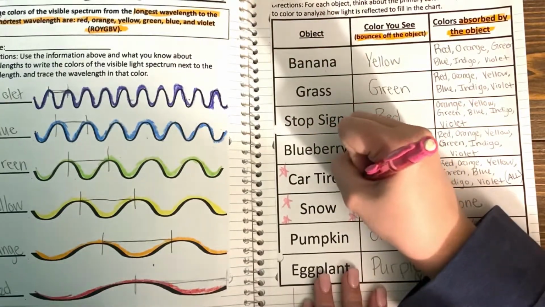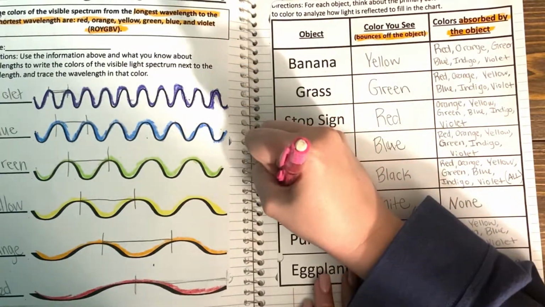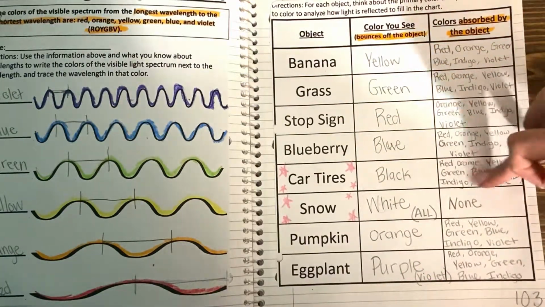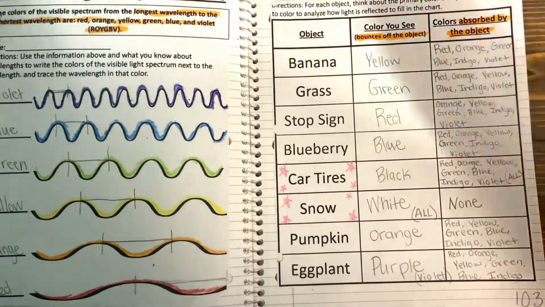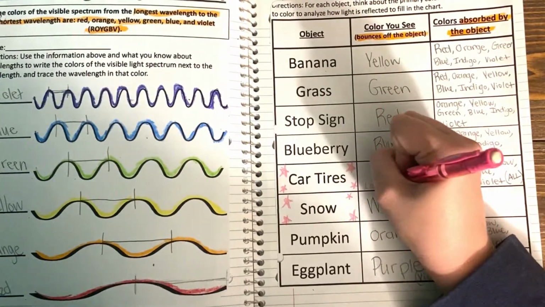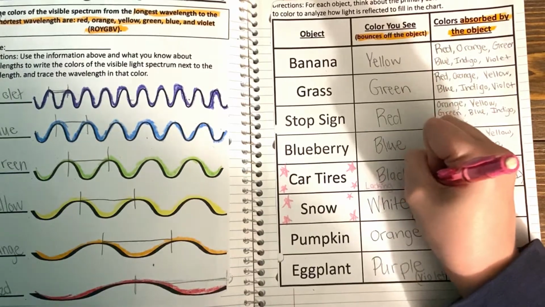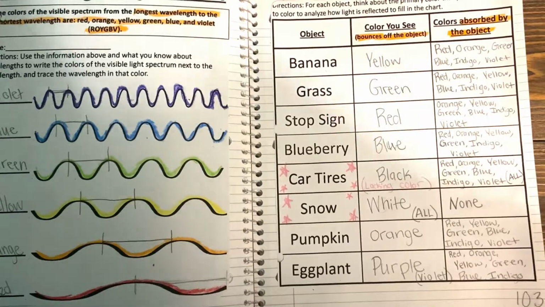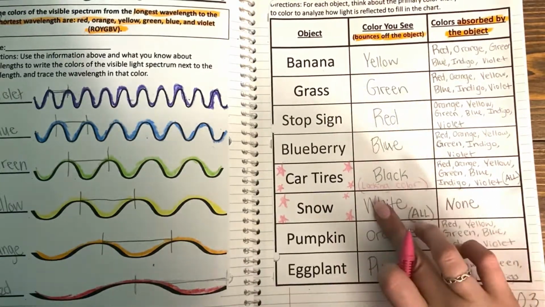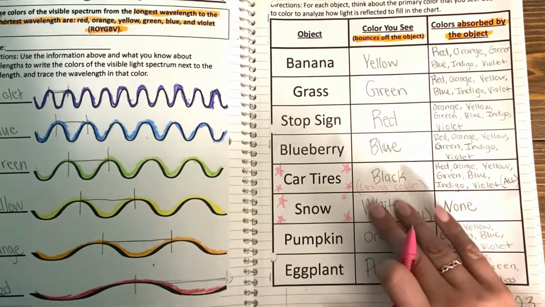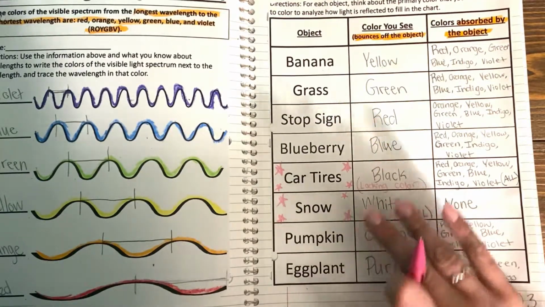I'm saying anything black or anything white is different than everything else, because black absorbs all the colors. It's the lack of color. I'm also going to write that right here: lacking color. Technically, black is not even a color. It's the lack of color. And the color white is when all of the colors are coming back into my eye, all of those wavelengths, so that my brain recognizes it as white light.